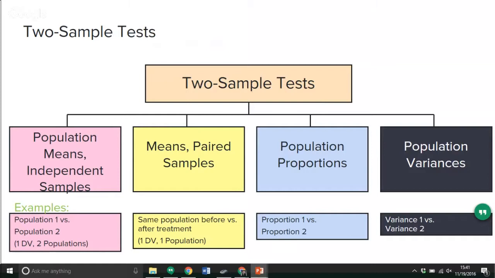Oftentimes we use these tests to find out if there's a difference between before and after. We do something, we measure it before, we see if there's an effect, we measure it after. We want to see if there is a statistical difference between before and after.